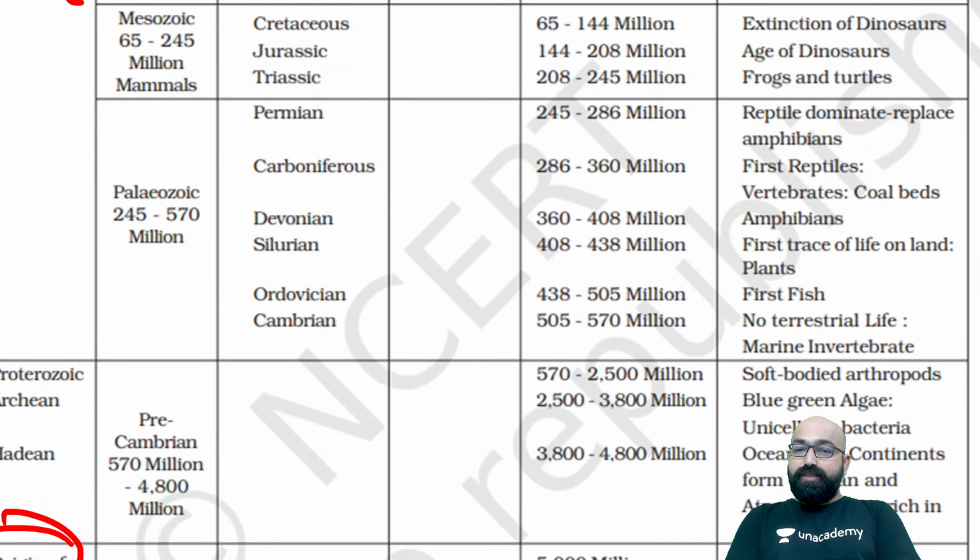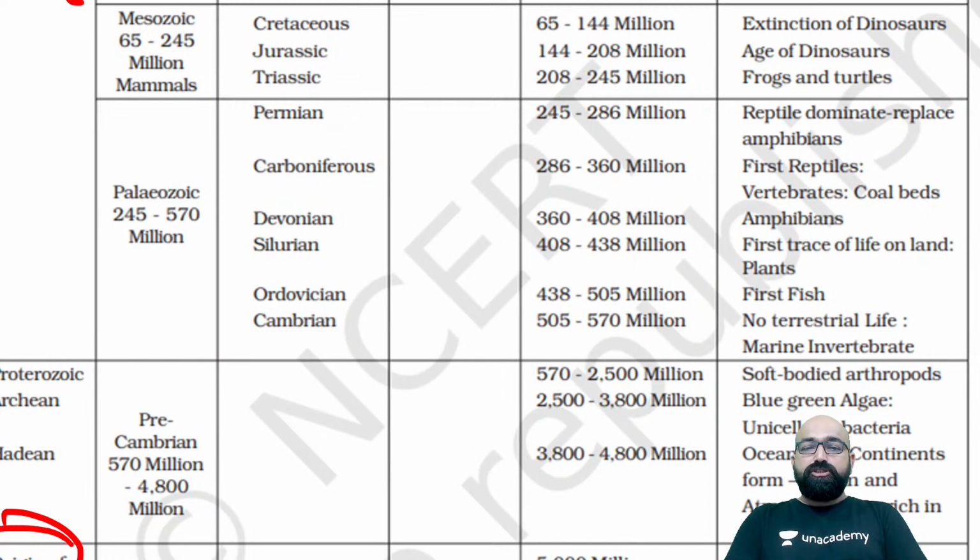Then Ordovician, 438 to 505 million years. So the first fish evolved, then the formation of first fish. Then Silurian period, yes, period, not era, of 408 to 438 million years, where the first trace of life on land, that is plants, fish.